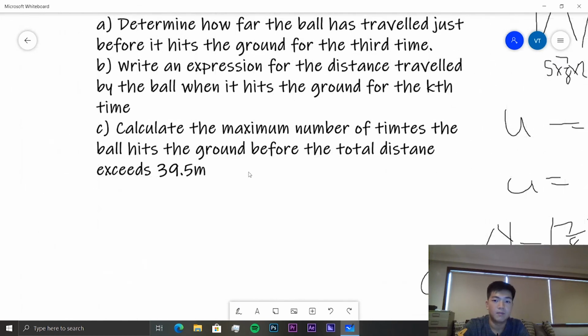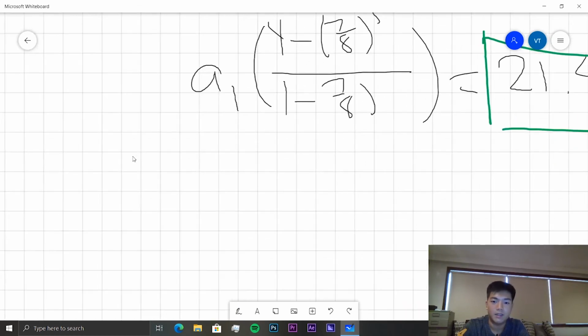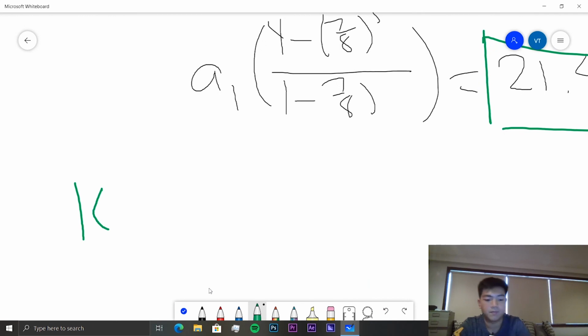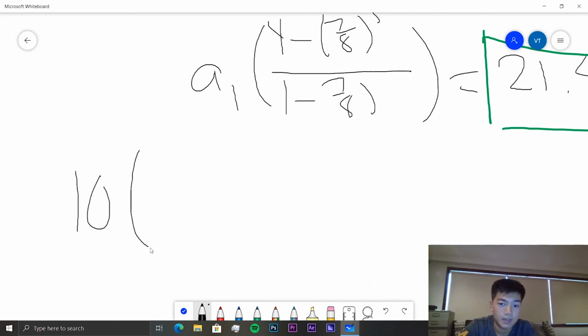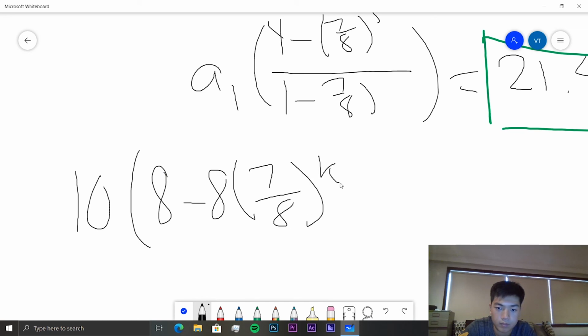Next, write an expression for the distance traveled. We can do that. This is simply 10 times 1 minus 7/8 to the power of k, over 1/8. So 8 times 1 minus 7/8 to the power of k. So this is equal to 8 minus 8 times 7/8 to the power of k, minus 5.